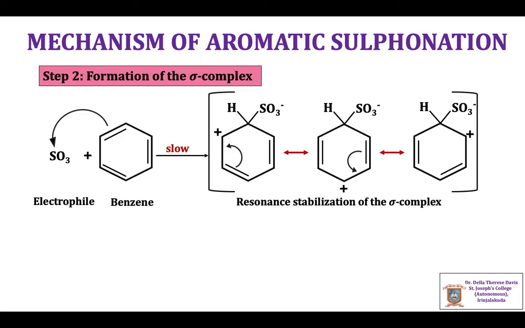In the second step, the electrophile SO3 attacks the benzene ring to form a pi complex, which then changes to a sigma complex, which is resonance stabilized. The resonance structures are shown here.